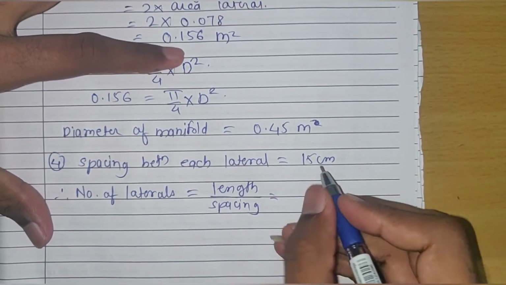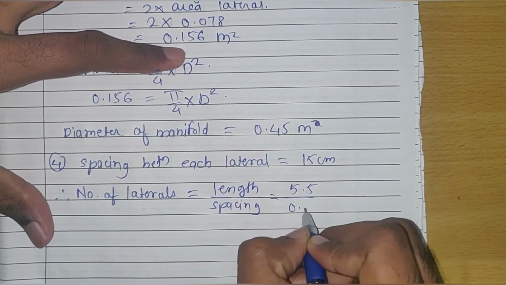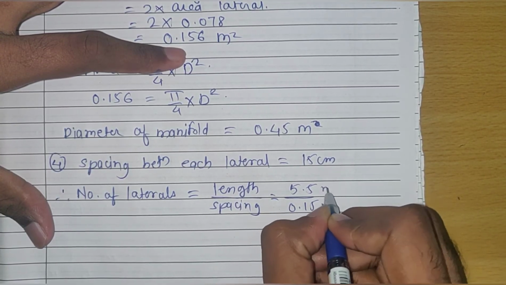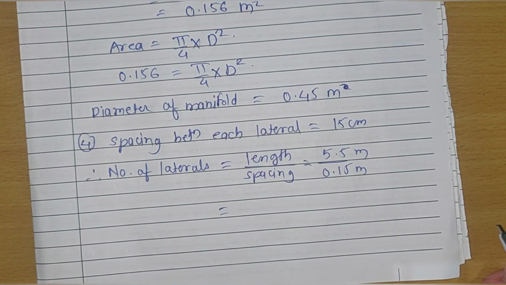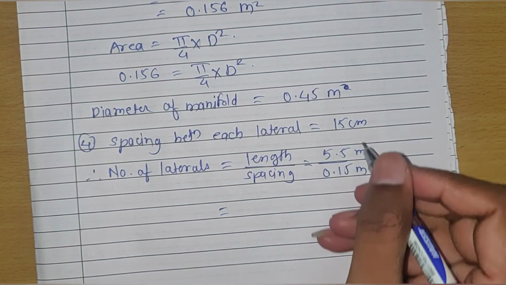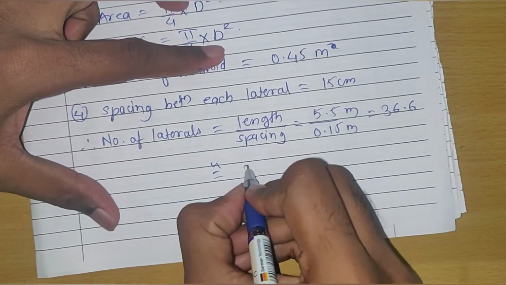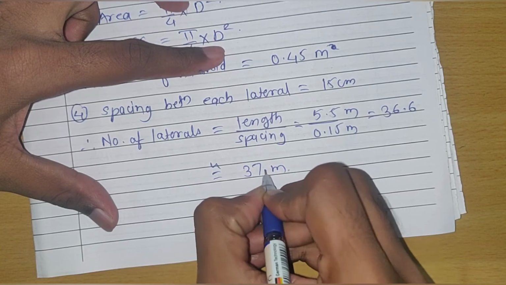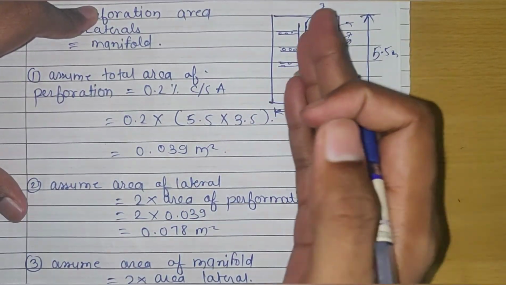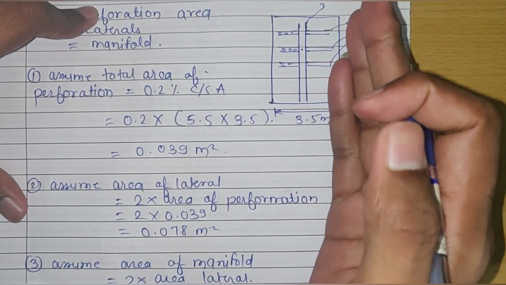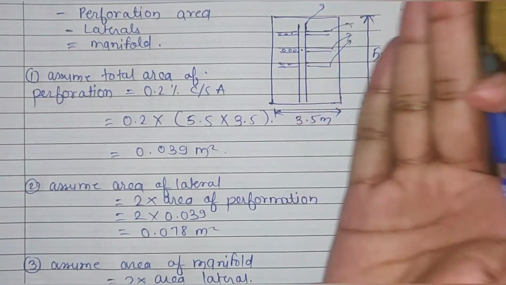Total length is 5.5 meter divided by spacing 0.15 meter. We will get the number of laterals as 36.6. Let's round it up to 37. So here the laterals are equally divided by the manifold.